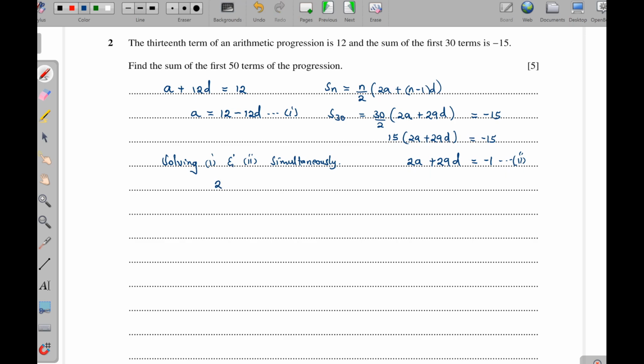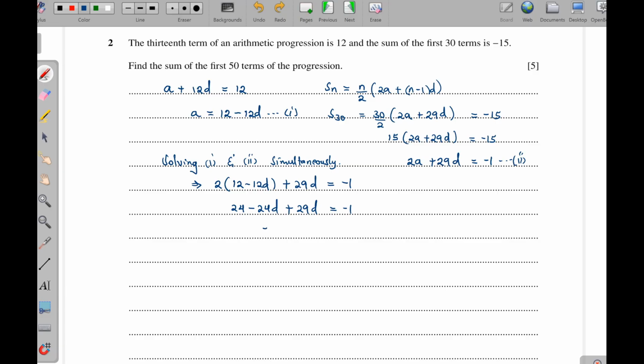So we shall have 2, then a is going to be 12 minus 12d, then plus 29d, this one is equal to negative 1. Then this will be 24 minus 24d plus 29d, equal to negative 1. 29 minus 24, that is 5, not so?